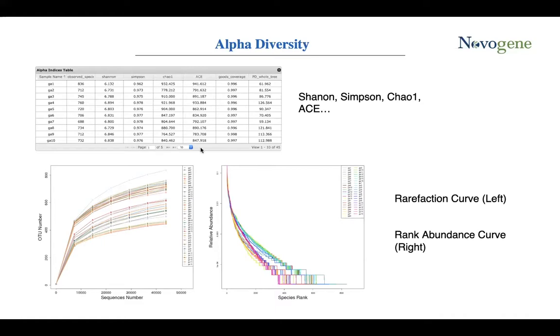Generally speaking, the OTUs generated at 97% sequence identity are considered to be homologous in species. So here we summarize the statistical indices of alpha diversity when the clustering threshold is 97%. And the rarefaction curves and the rank abundance curves are also widely used for indicating the biodiversity of the samples.